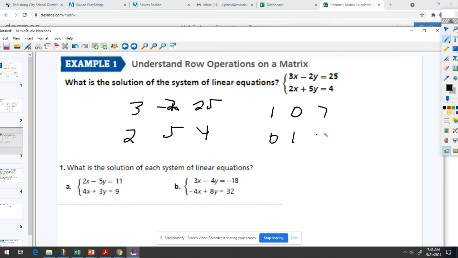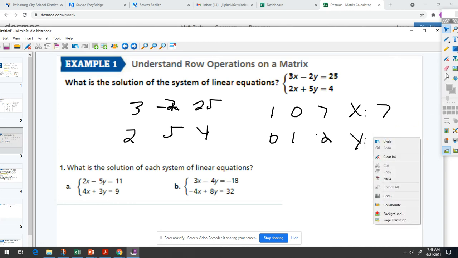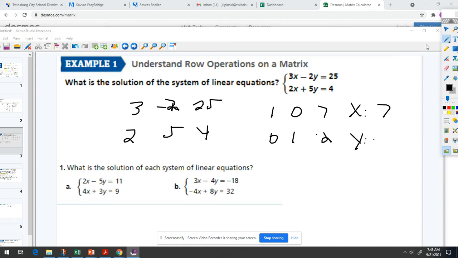What that means is my X is equal to 7, and my Y is equal to -2. I don't know why it won't let me put a negative, but it won't.